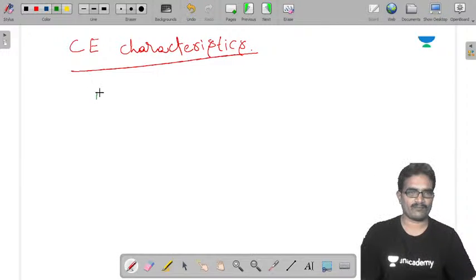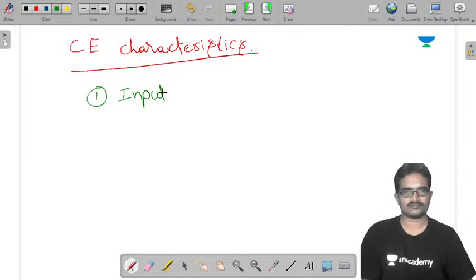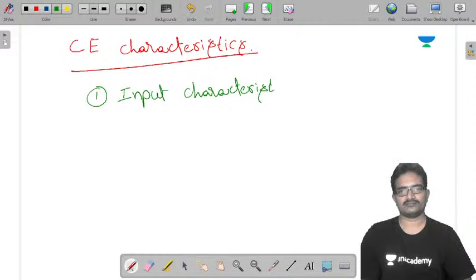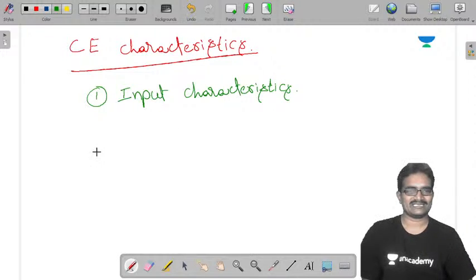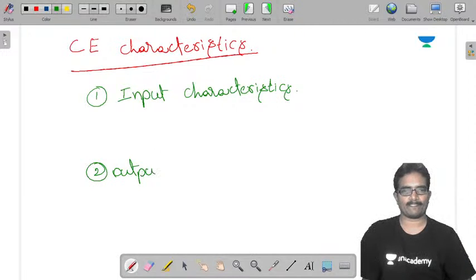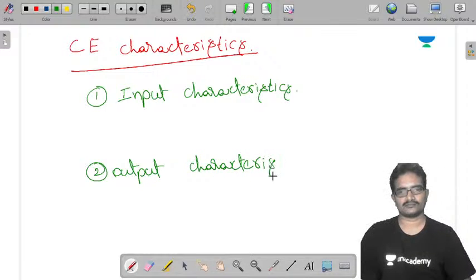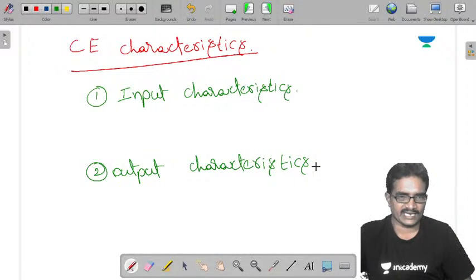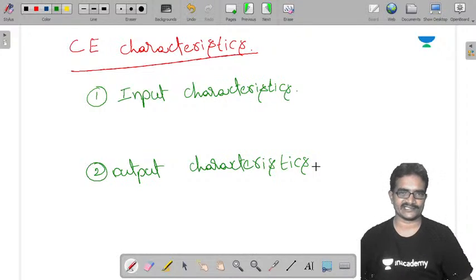One is input characteristics, and the next one is output characteristics.